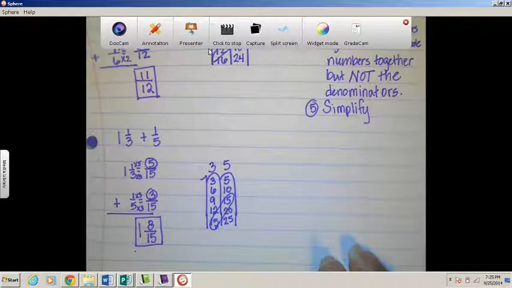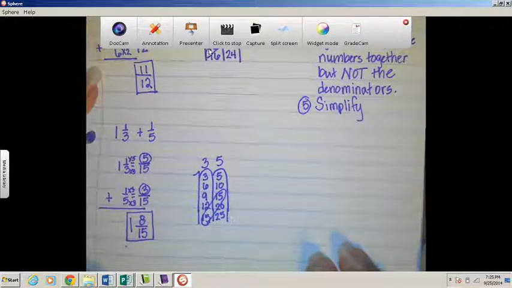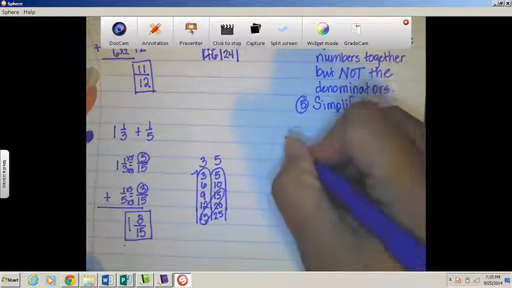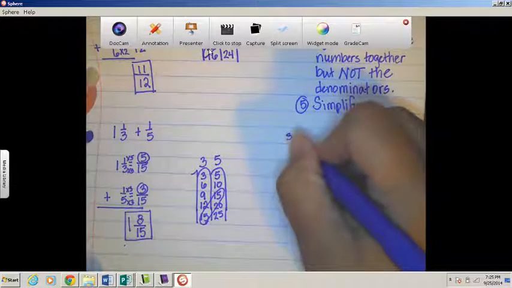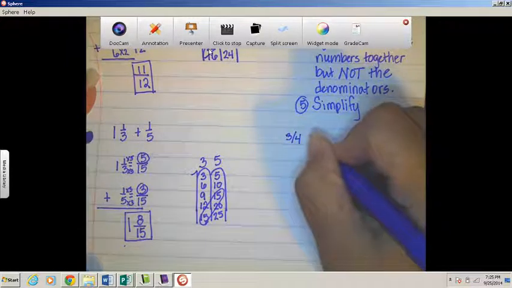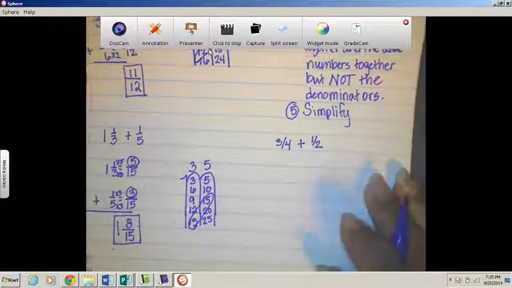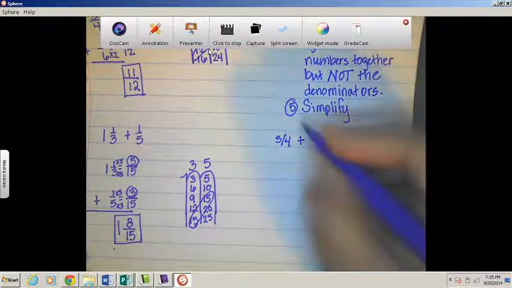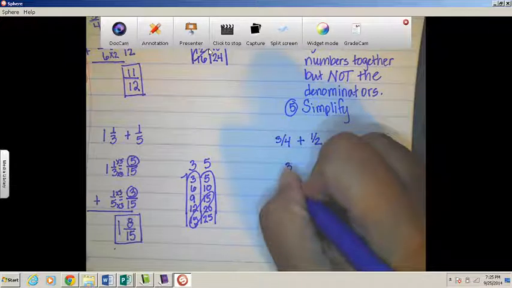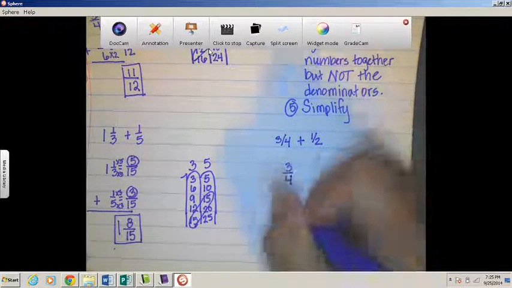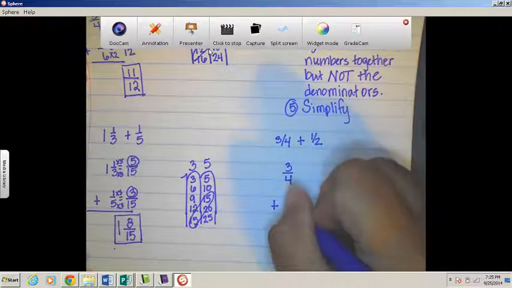Let's try one more. 3/4 plus 1/2. Write my fractions vertically. 3/4 plus 1/2.